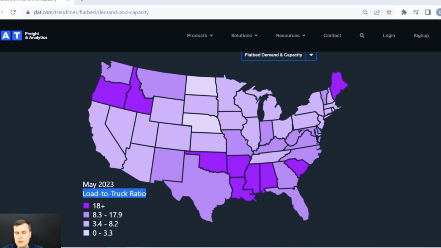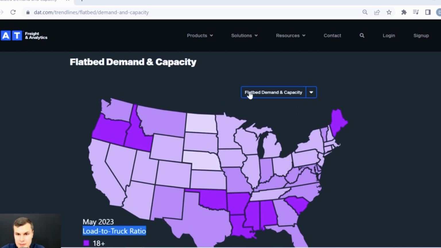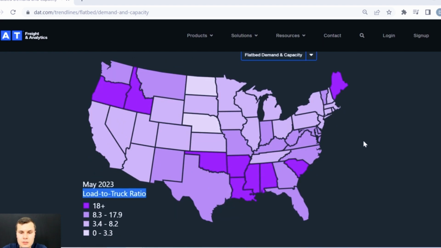Load to truck ratio is a very important indicator. It explains how much demand there is for transportation, and it explains how the pricing for transportation is formed. So on this map, we have all our states, and the darker the color gets, the higher load to truck ratio there is, meaning higher demand for transportation with this specific type of equipment, flatbed.